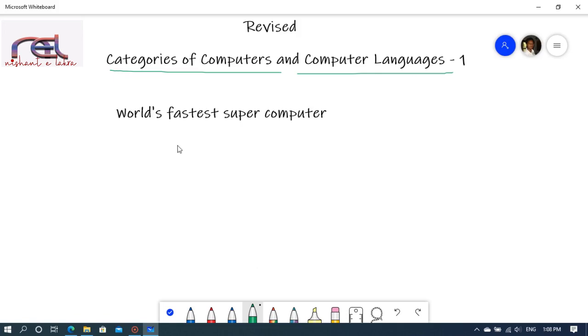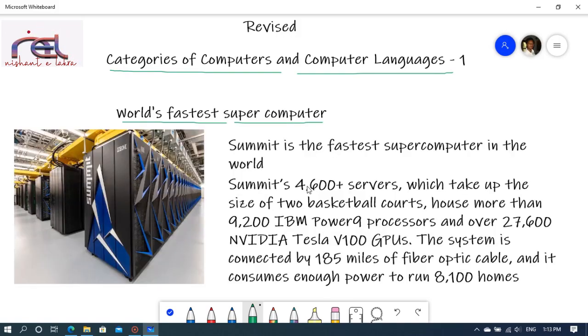Now let's know something about the world's fastest supercomputer. Summit is the world's fastest supercomputer. A little bit of detail about this supercomputer. Summit's 4,600 plus servers take up the size of 2 basketball courts. It is that huge.